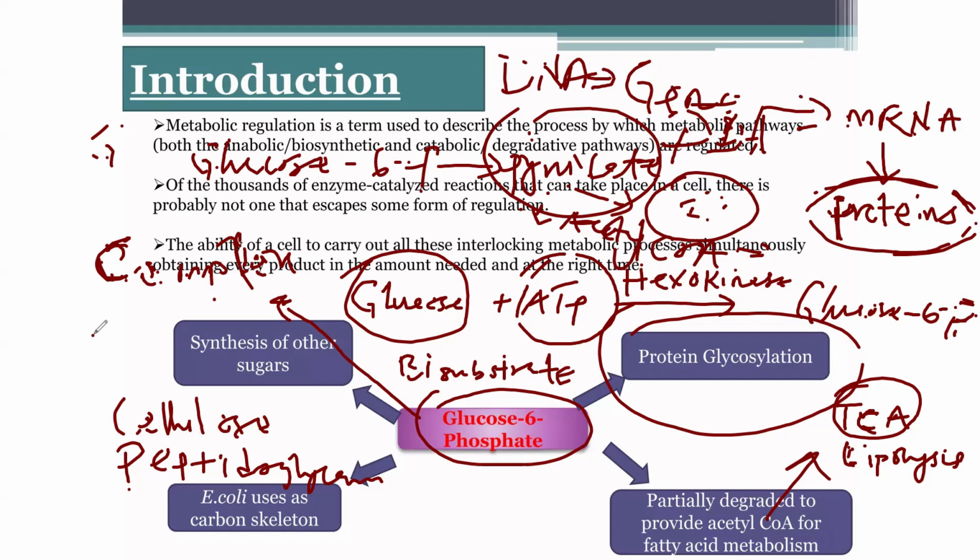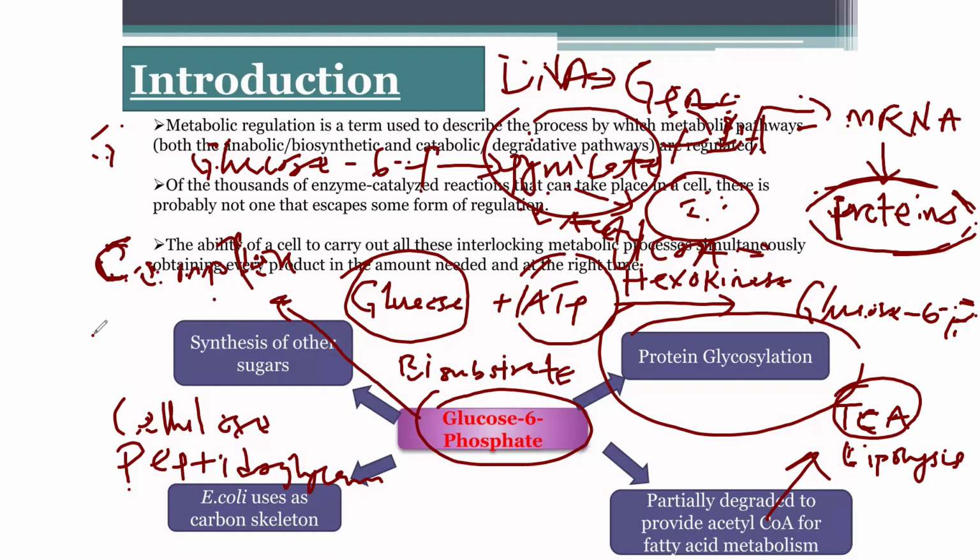And if there is no post-translation modification of a particular protein and you are in need of energy, then the glucose phosphate will continue with glycolysis, generate pyruvate, and the pyruvate will be partially degraded using the pyruvate dehydrogenase complex, and then acetyl-CoA will be generated, and the acetyl-CoA will undergo fatty acid metabolism and then the electron transport chain. And from there, you will have complete energy generated.